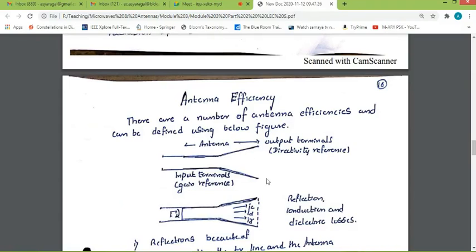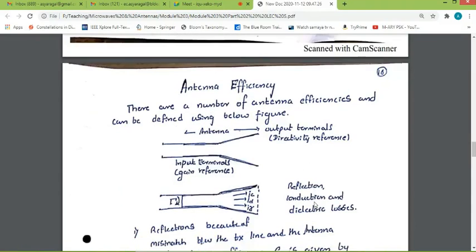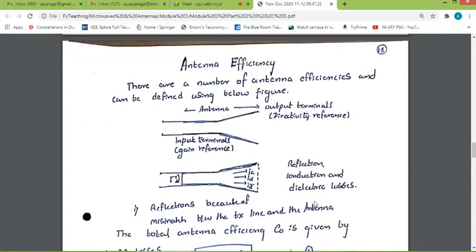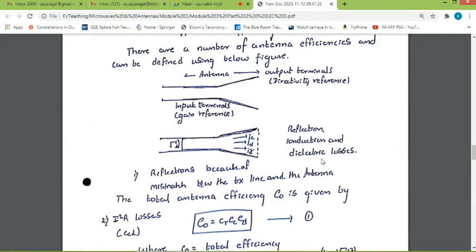In this case, we will have some losses: reflection loss, conduction loss, and dielectric losses. All three are represented with specific symbols.